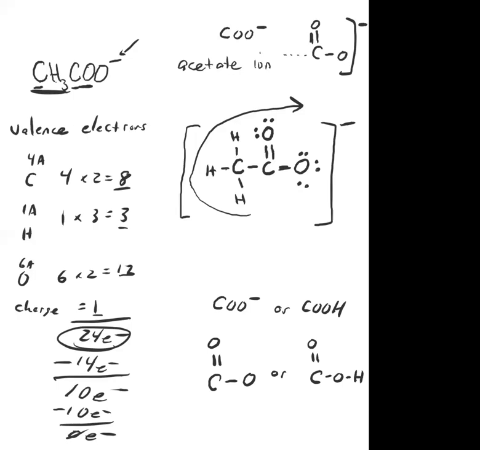Those are called organic acids. The organic acid with the hydrogen or without it is a very important type of acid, and they are typically drawn in this form, CH3COO minus or CH3COOH. Let me show you one more of those.